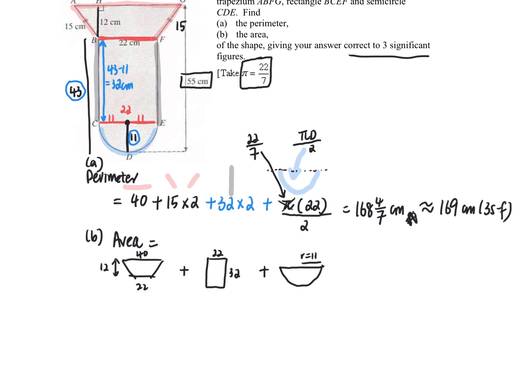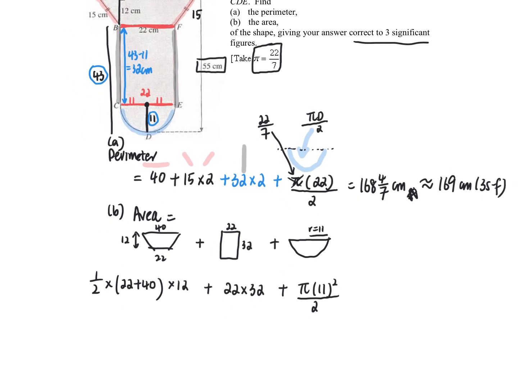Number one, half times sum of parallel lines times the height. Then this is just length times breadth. This is pi r squared divided by 2. Okay, so all these are just memory of formula. You must know how to apply.